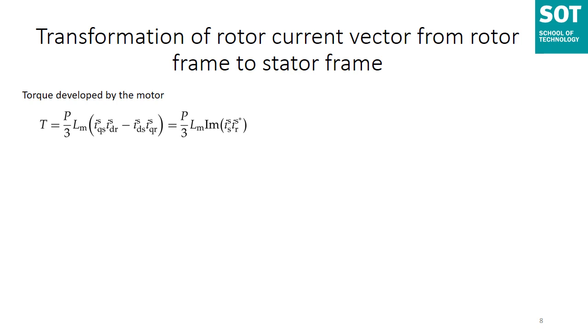For instance, control systems are usually represented by block diagrams. You would have seen in control theory PI control, PID control and so on, in which the variables are time varying DC signals. Therefore, another transformation is necessary which allows the conversion of the alternating DQ components of the motor vectors into DC variables.